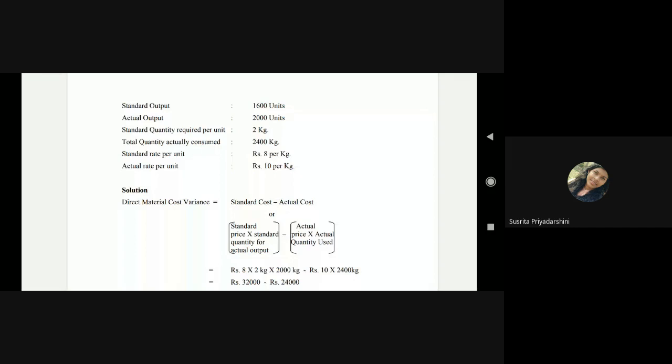So 8 into 2 into 2000. It is the standard cost for actual output.